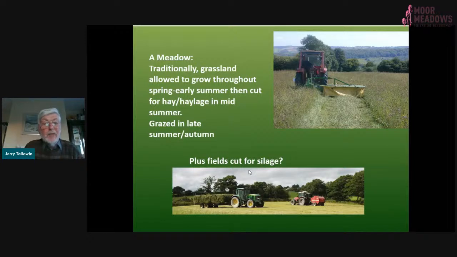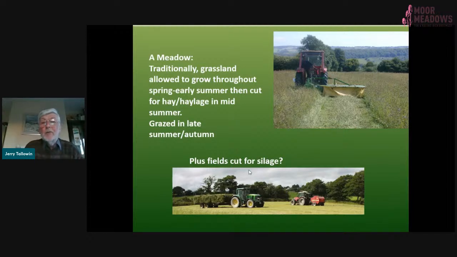And the reason for that is that if the moisture content is significantly above 15%, then once the hay is baled and then packed into a barn, bacterial fermentation starts to go on and heats up the hay, and you can get a barn fire. So there's a real issue with making hay at a higher moisture content than 15%.